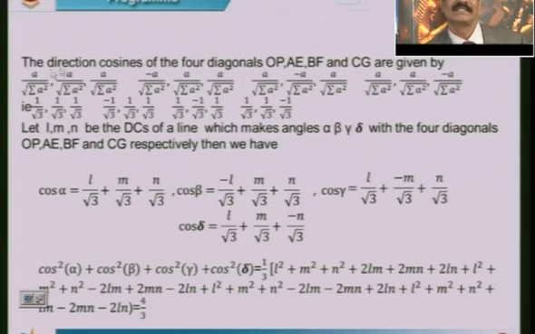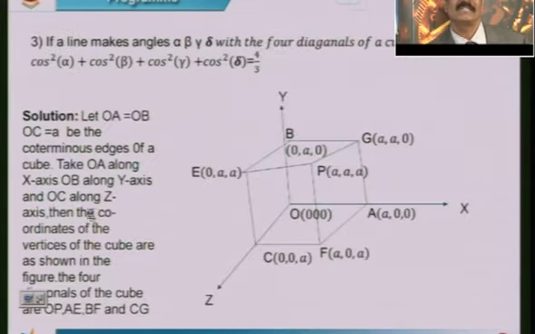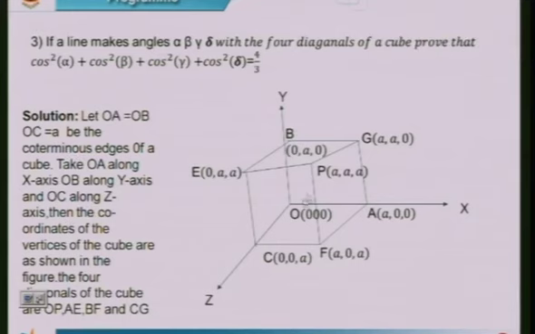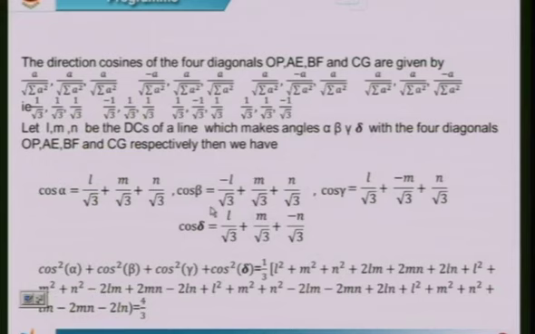Here the direction cosines of the 4 diagonals are given, based on the previous work. If you want the direction cosines of OP, I have proved just now, it is x1 y1 z1, x2 y2 z2, and this distance OP you can get. Otherwise get the direction ratios as a minus 0, a minus 0, a minus 0, which gives a. Then you move to the direction cosines, which is a by root of sigma a squared.